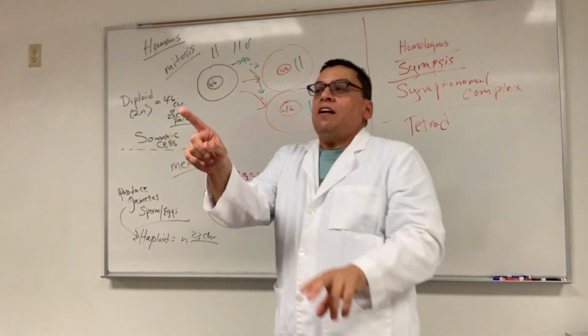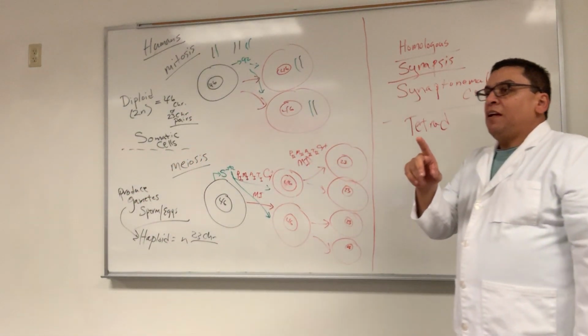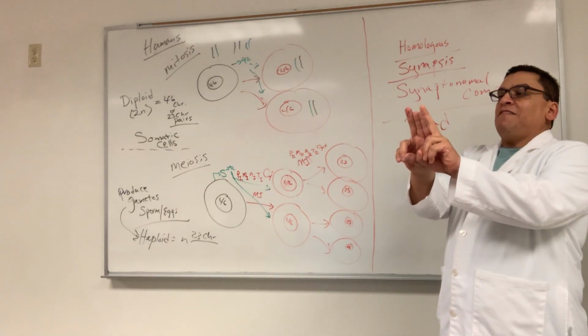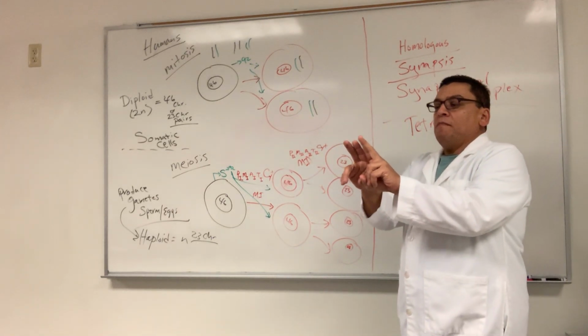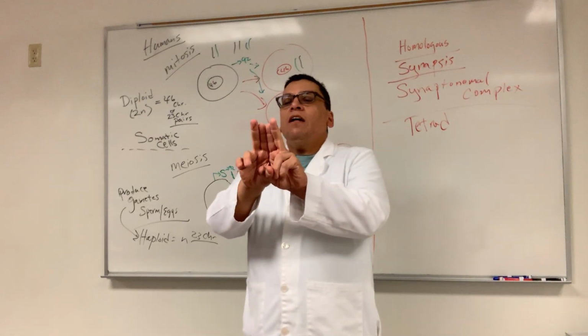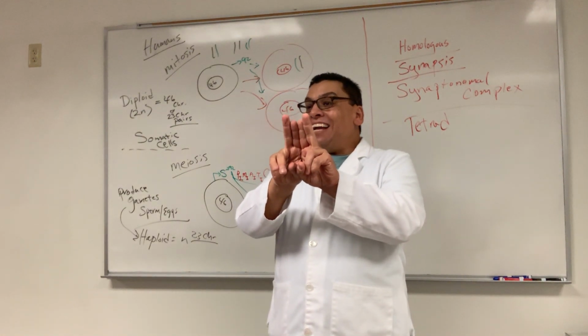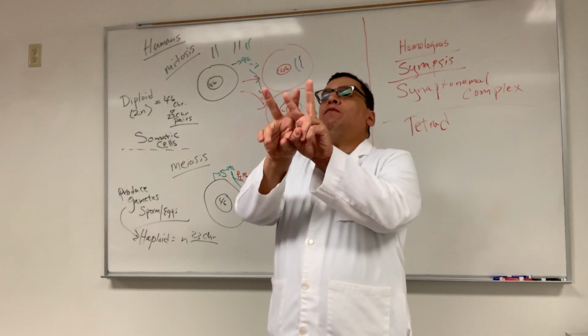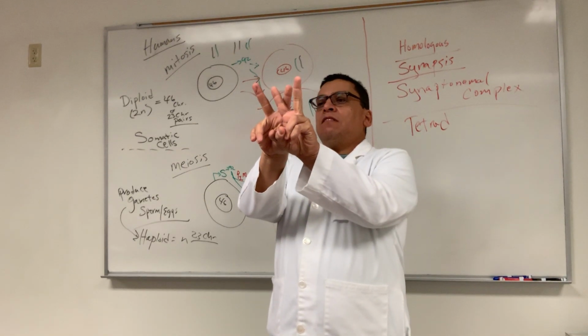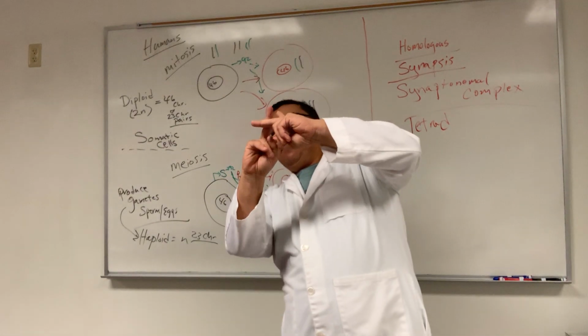So the tetrad is just the four chromosomes? The four, yeah. Tetra, tetrad, four. Now watch this. The two non-sister chromatids on the inside, if you're watching up here, will form this structure. I did not do this.